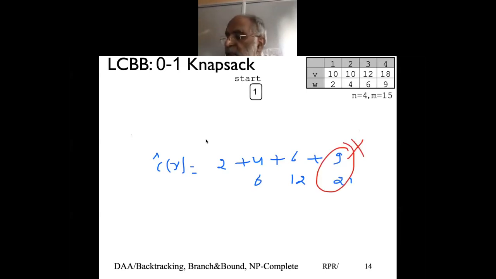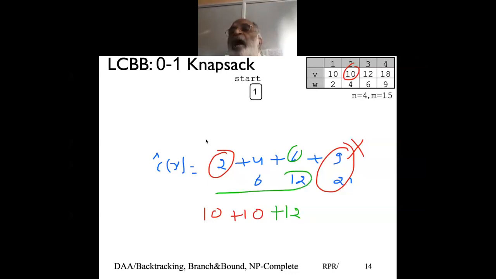So what would my Cx be? Full value for the first item, which is 10, full value for the second, which is 10, full value for the third, because 6 is included, which is 12, and we have already included weight up to 12. I'm left with a weight of 3. So look at the partial value for this item with a weight of 3.